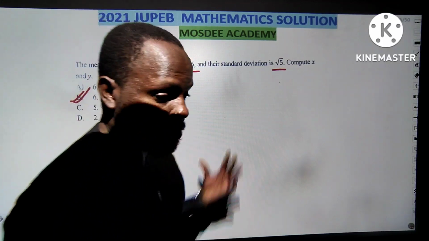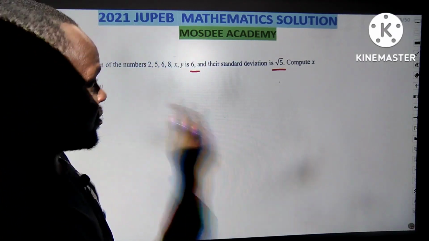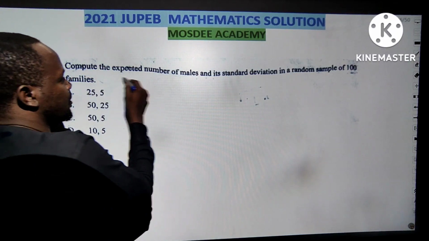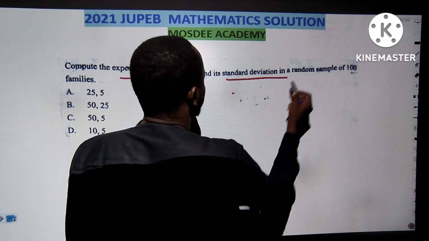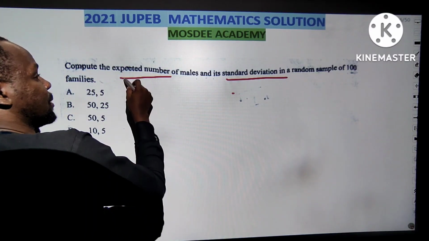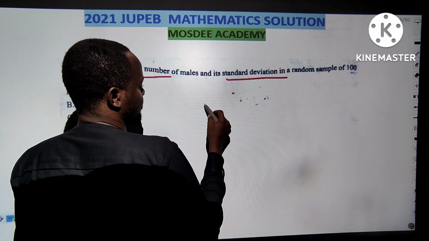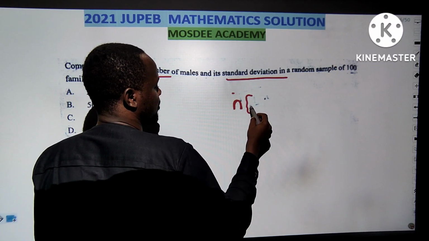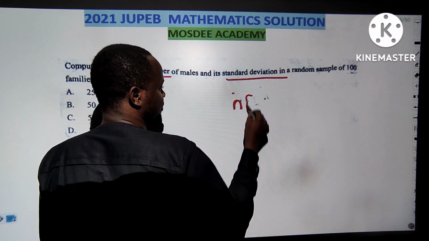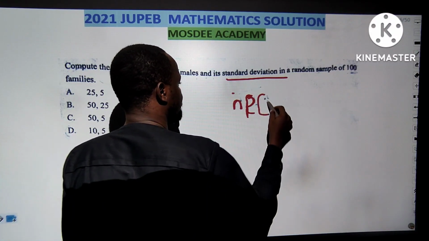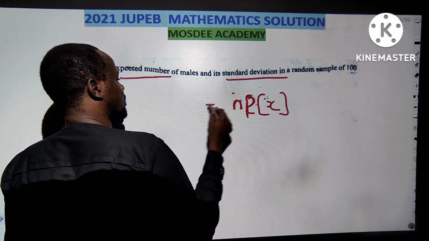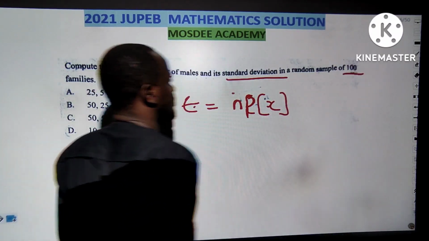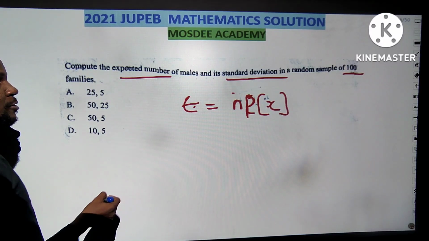The next one. This is a simple question. I don't want to waste time, but I still have other questions that I didn't finish, which I will still come to. Compute the expected number of males and its standard deviation. That is np of X, which is what I'm looking for. The total sample is 100. So which multiplication of the two can give me 100?